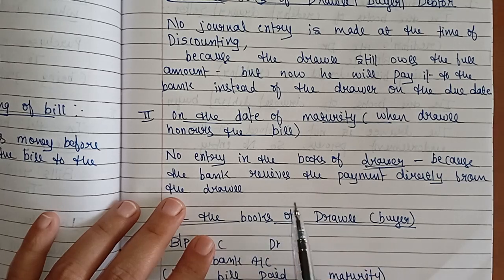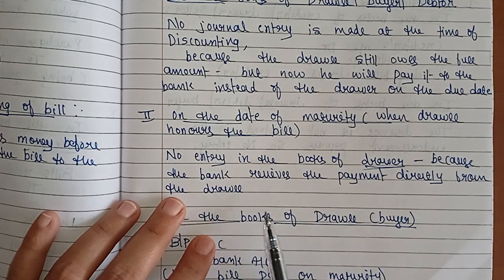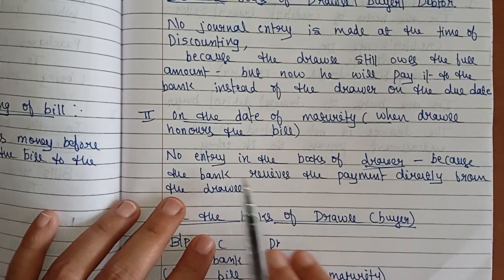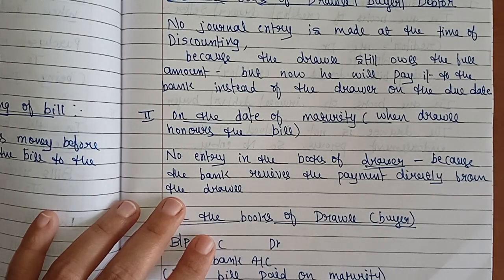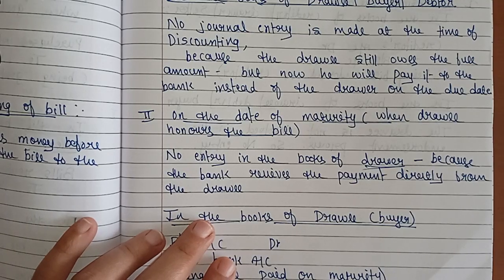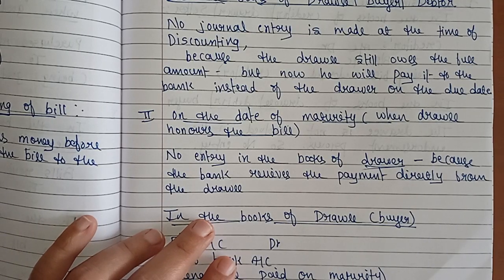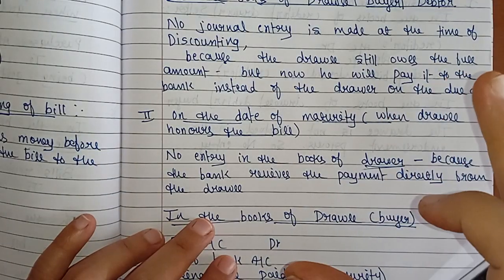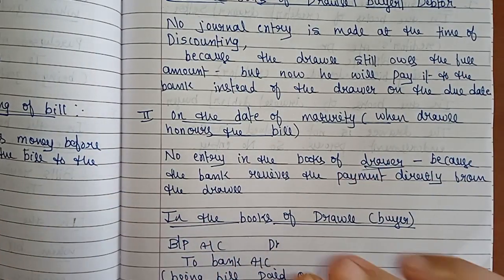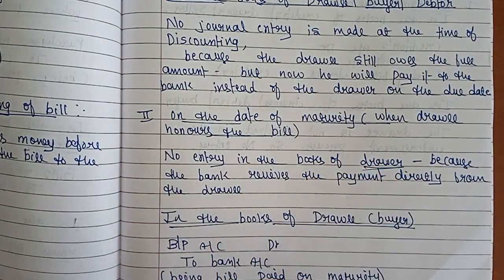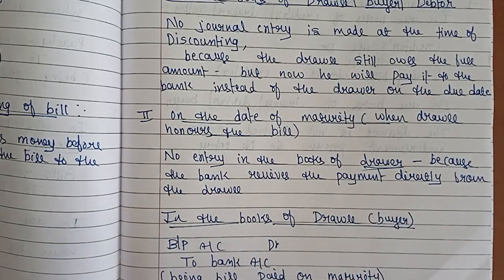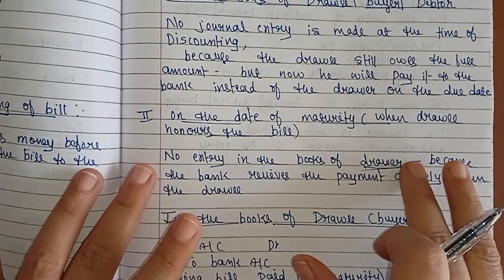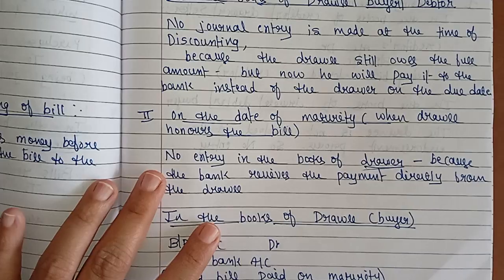And drawee, he is going to pay the amount to the bank. See, because the bank receives the payment directly from the drawee. Clear? Means here the drawer's responsibility ends when he discounted the bill. So on the date of maturity, there is no journal entry in the books of drawer.